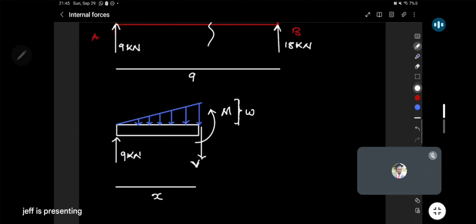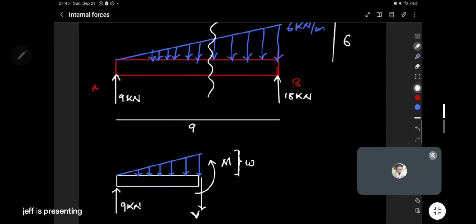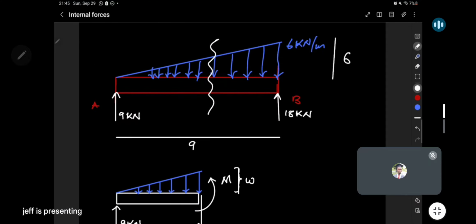So let's start with the sides. When it is in its original shape, we have a maximum load of 6, corresponding to a full length of 9 meters. This has to be equivalent to how the length will also change.